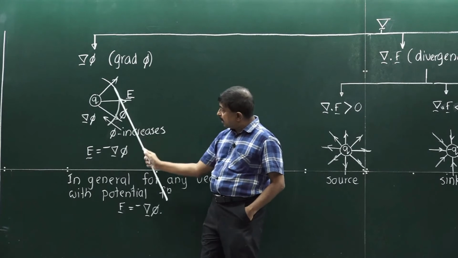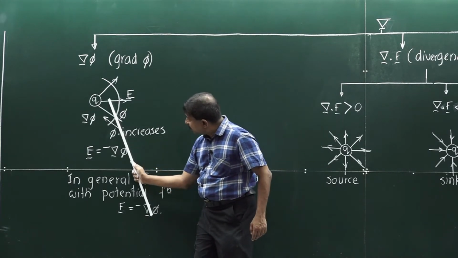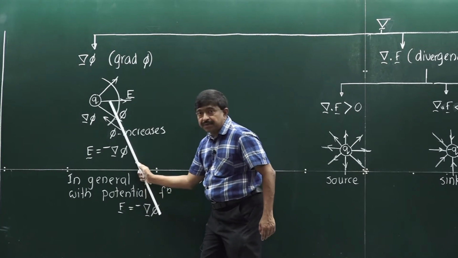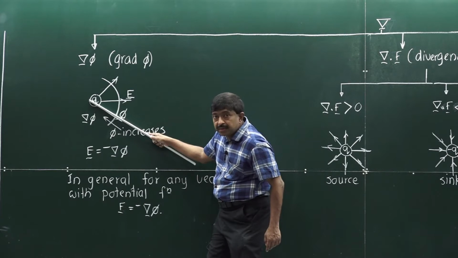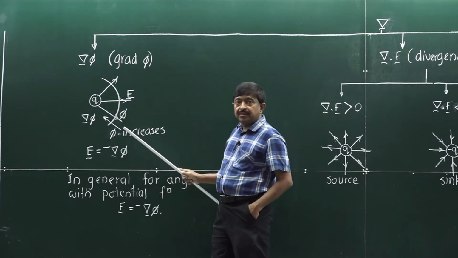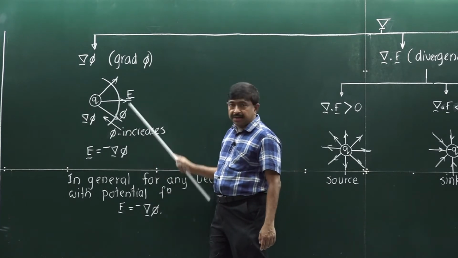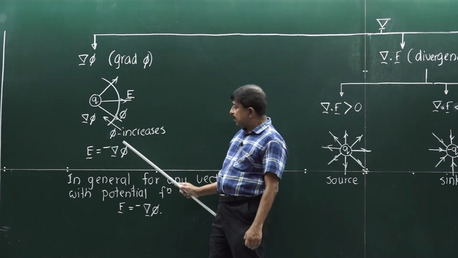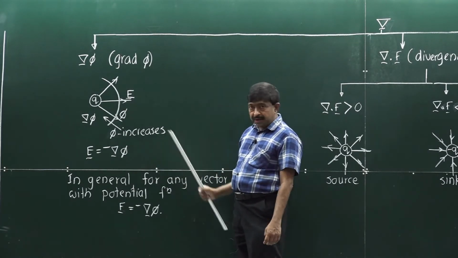But again, there are several directions. If you go in this way, still you can increase the potential. However, if you take this path, that is the fastest way of increasing phi. Grad phi gives that direction. So, the name gradient comes from that idea.